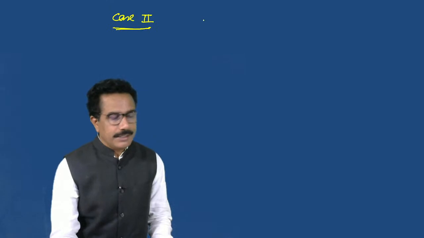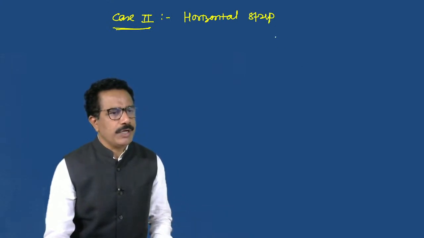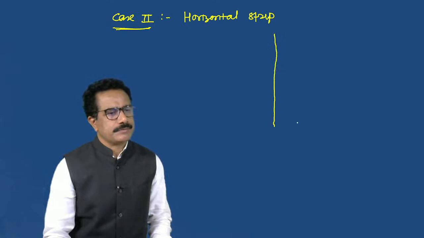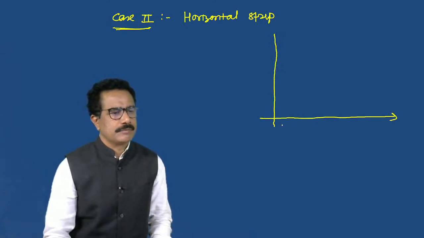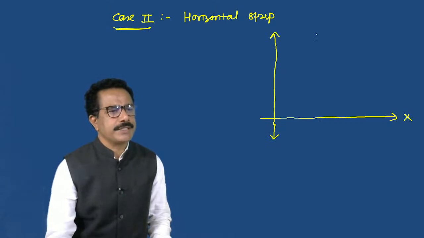If we consider a horizontal strip, suppose the strip is horizontal, that means we have to take this. Suppose this is the x-axis, this is the y-axis.